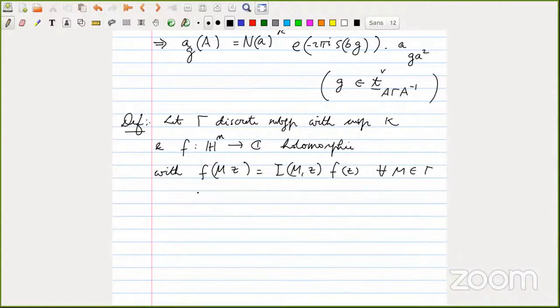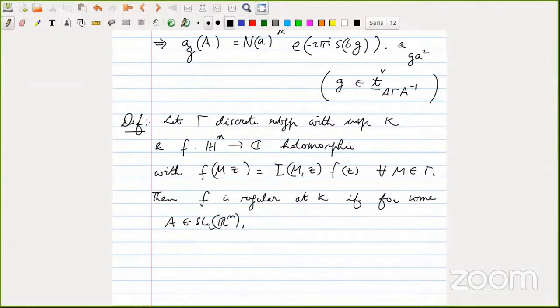Then I can say that f is regular at kappa if for some A inside SL2 of n, where this n is outside, and what kind of an A are we looking at?